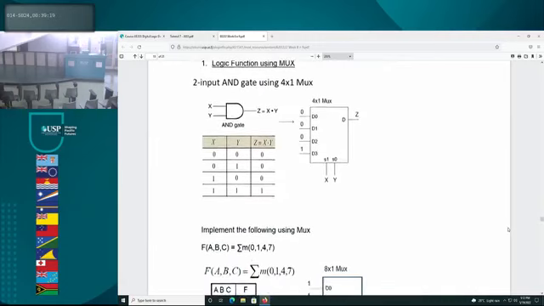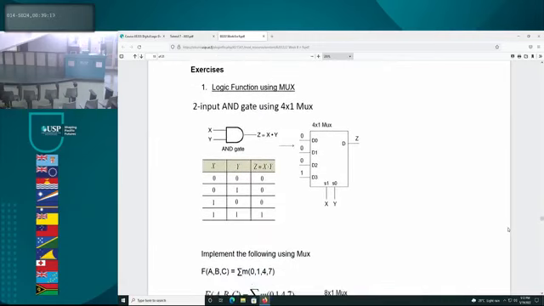Now let's have a look at some applications, guys.